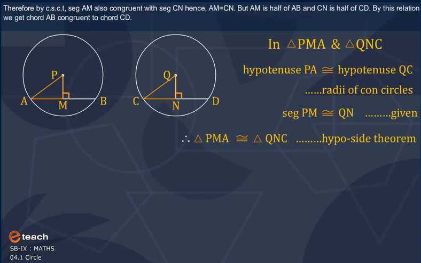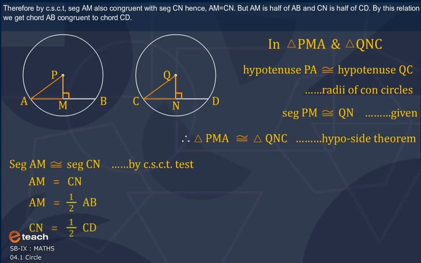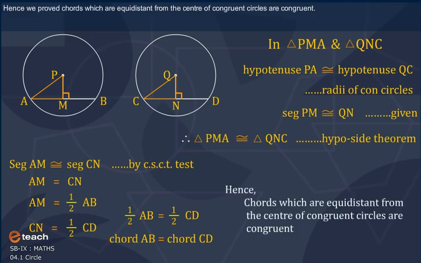Therefore, by CSCT, segment AM is also congruent with segment CN. Hence, AM is equal to CN. But AM is half of AB and CN is half of CD. By this relation, we get chord AB congruent to chord CD. Hence, we proved chords which are equidistant from the center of congruent circles are congruent.